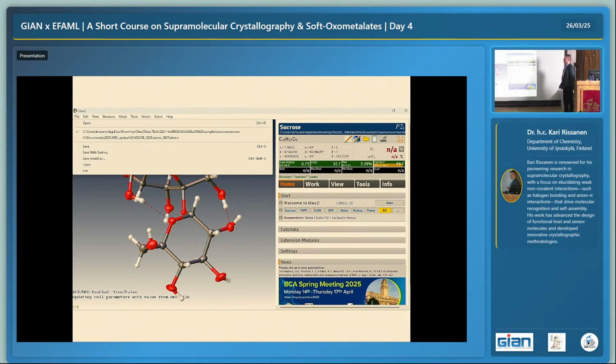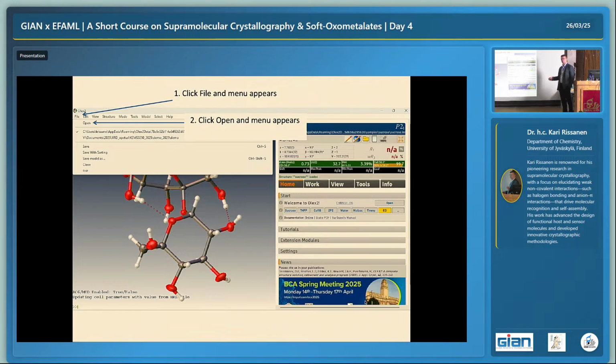Now what we do, we go to the upper left part here and say File Open. So we click this File Open, and a menu appears. This is the walkthrough, so I've indicated each individual point you have to click. Of course you are not experts in using this program, but when you follow the walkthrough, you can see what happens.